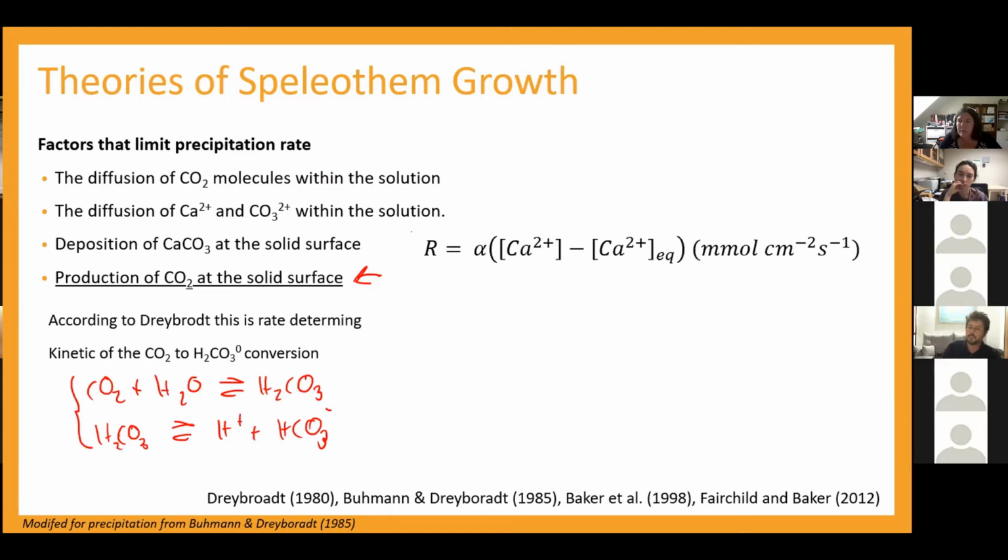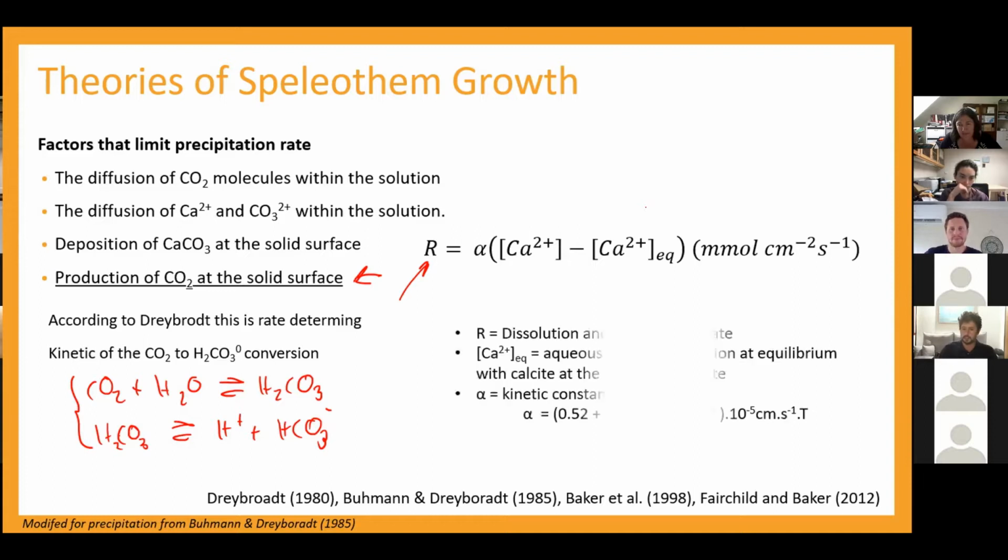And we can put this in terms of a simple equation, where the growth rate depends on a kinetic factor and the difference between the calcium concentration of the solution and the calcium concentration at equilibrium, that is, when the solution is saturated with respect to calcite. This kinetic constant depends on temperature and is also calculated for different concentrations of CO2.